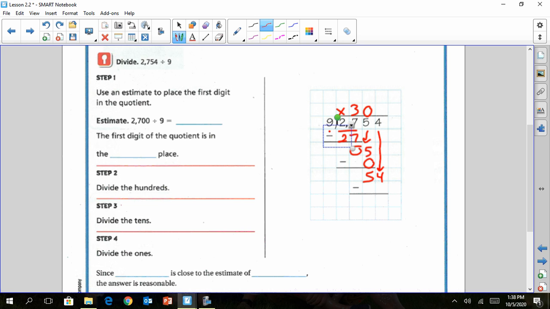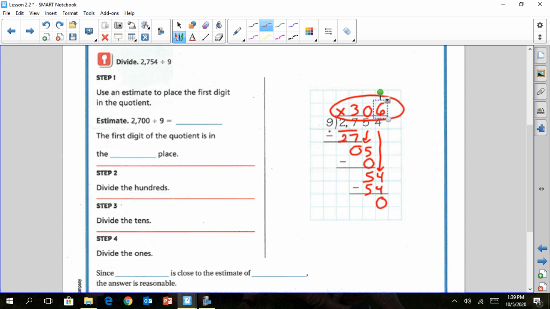And we start over. 9 goes into 54 6 times, because 9 times 6 is 54. When I subtract, I get an answer of 0. I have nothing remaining, so my answer is 306. You do not have to write remainder 0. Just leave it as the whole number 306.